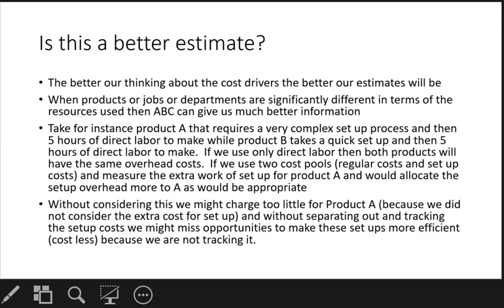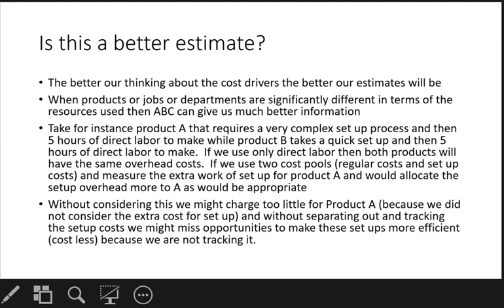If we use two cost pools, let's just say setups we separate out and then all the rest, then we're actually measuring the extra work of setup for product A. We would allocate more of the setup cost to product A than we would to product B. Now, product B doesn't have no setup. It just has a quicker setup, and so it uses less setup cost.